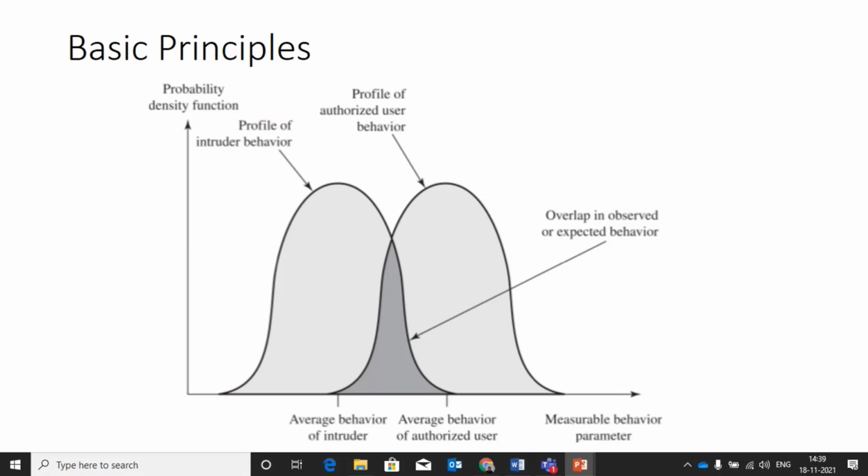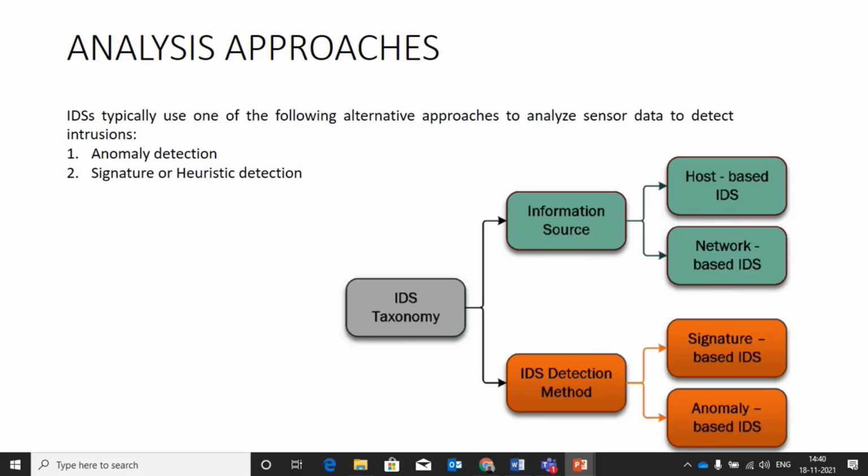That is the most important task, so we have to perform the algorithms very effectively. There are various analysis approaches for this. The two most common approaches are anomaly detection and signature or heuristic detection. Mostly anomaly detection works with the Linux operating system, where you have traces of system calls, and signature or heuristic detection works with antivirus systems, the Windows operating system, and so on.